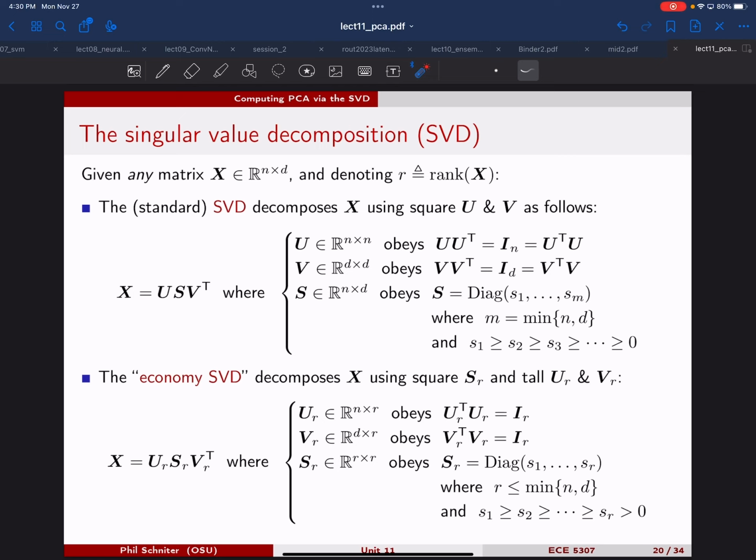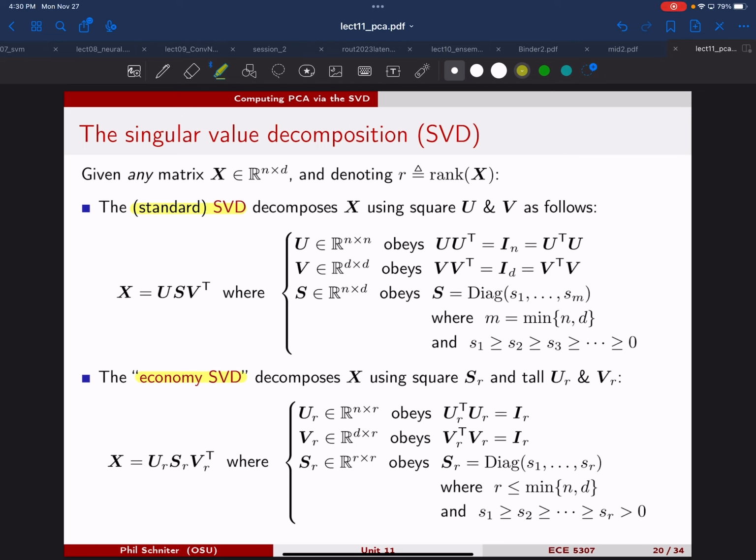Okay, a few more details. There are basically 2 forms of the SVD: the standard SVD and one that is sometimes called the economy SVD. That's definitely what it's called in MATLAB. So let's start with the standard SVD.